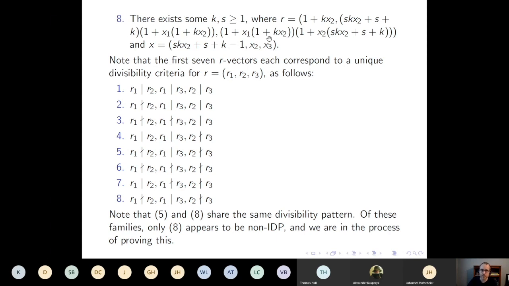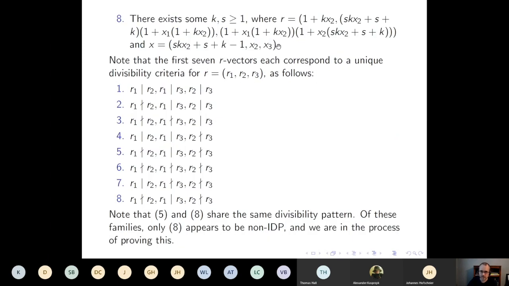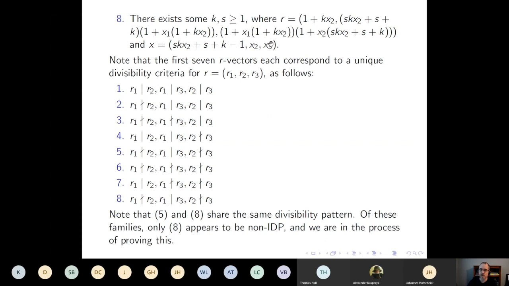Every one of these that we've computed so far has been non-IDP. And I'm pretty sure, again, that these first 7 classify the reflexive IDPs that are 3 supported, and the 8th are ones that satisfy the necessity condition, but do not satisfy the full IDP.